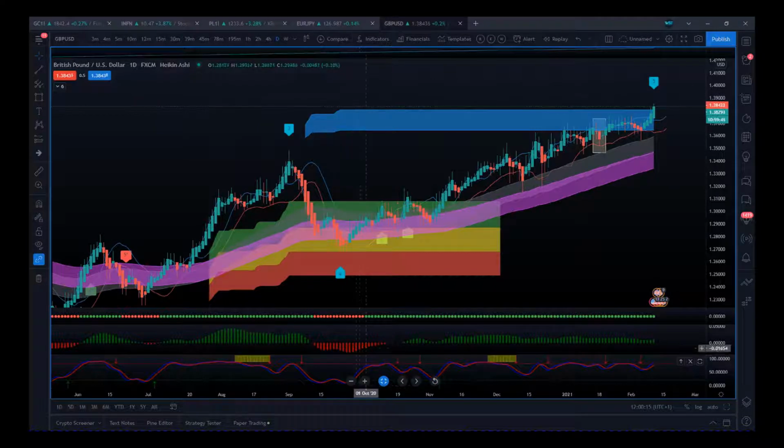When this wave 4 pulls back, we go straight to bearish, but then our bias on the higher time frame turns bullish. So this gives us a really good indication that this wave 4 pullback is over and we need to be looking for that long.